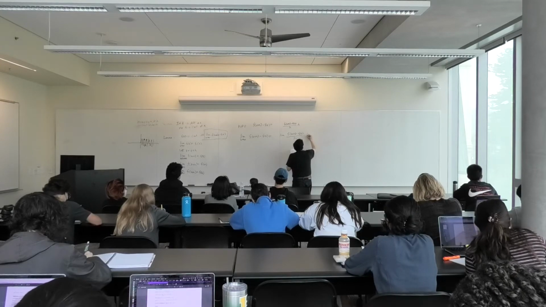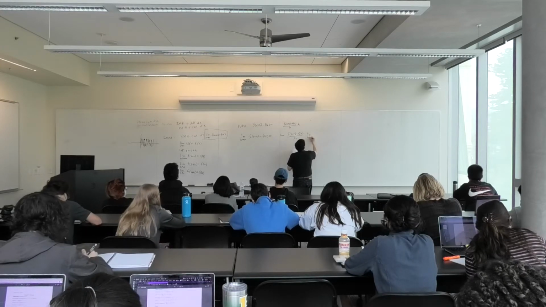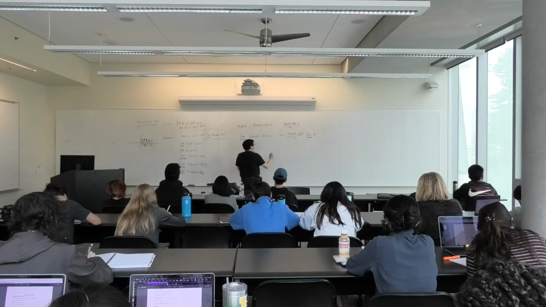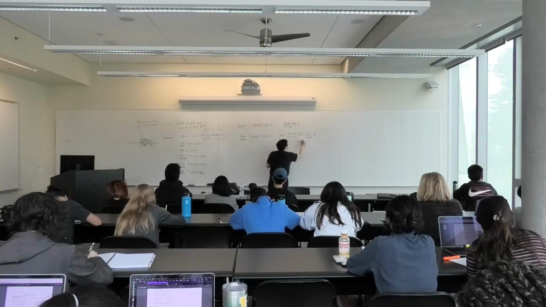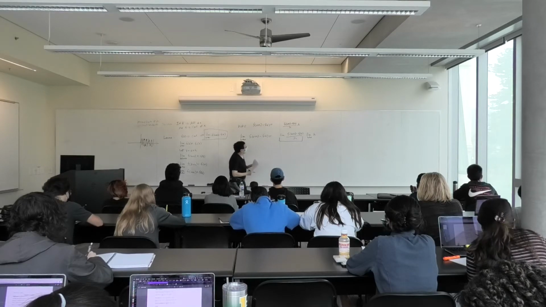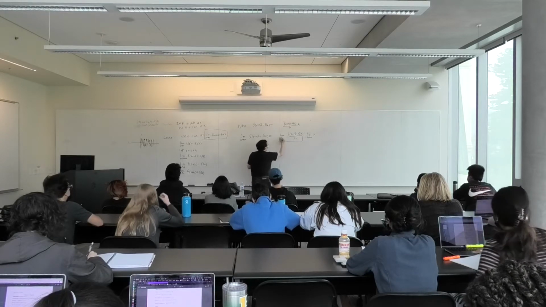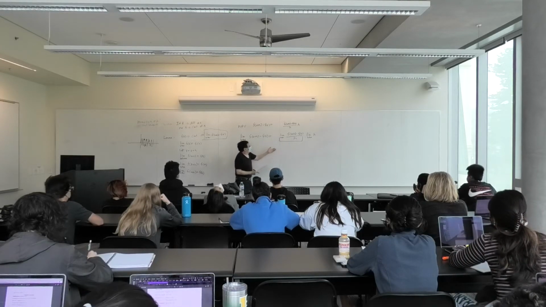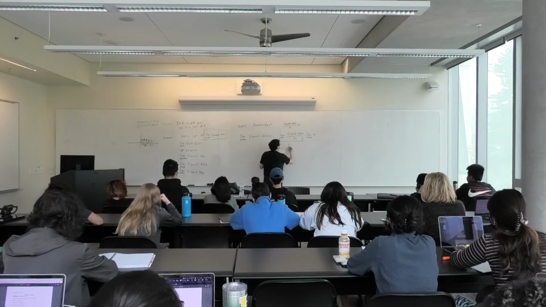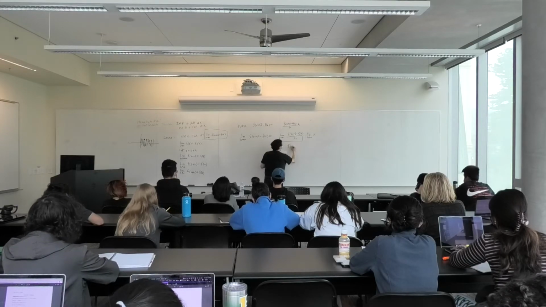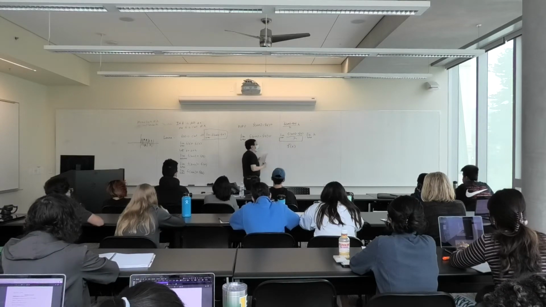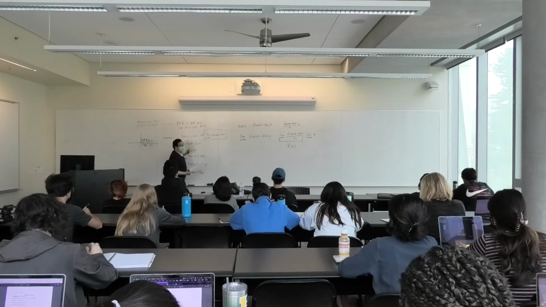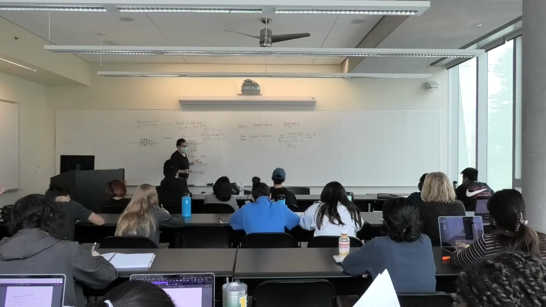I guess we need a limit here too, right? All right, so we should recognize this, right? What's that? Just the derivative of x. We know that limit exists because we said f is differentiable. Right? That's the premise.